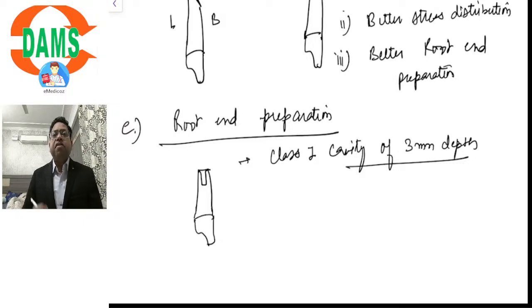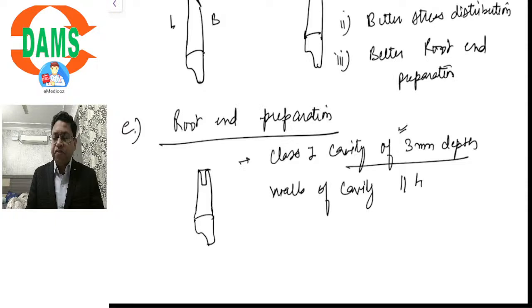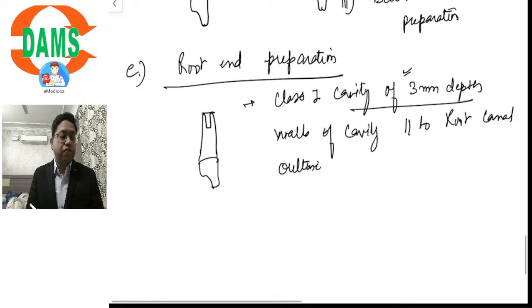Class 1 cavity means it is surrounded by the tooth structure on all sides, which is of 3 millimeter depth, and the walls of the cavity that is to be prepared is parallel to root canal outline. So a 3 millimeter depth cavity is prepared, walls parallel to the root canal outline.